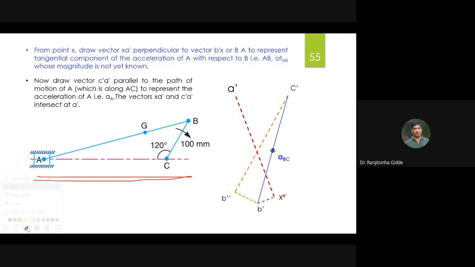So simply draw one vector parallel to this.